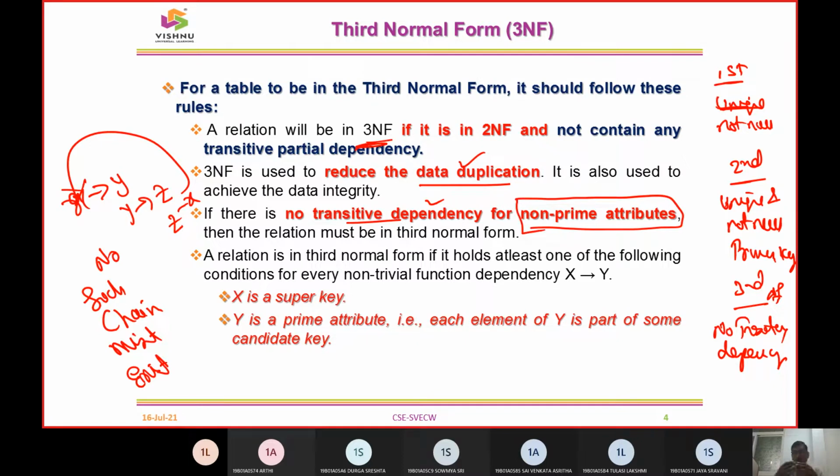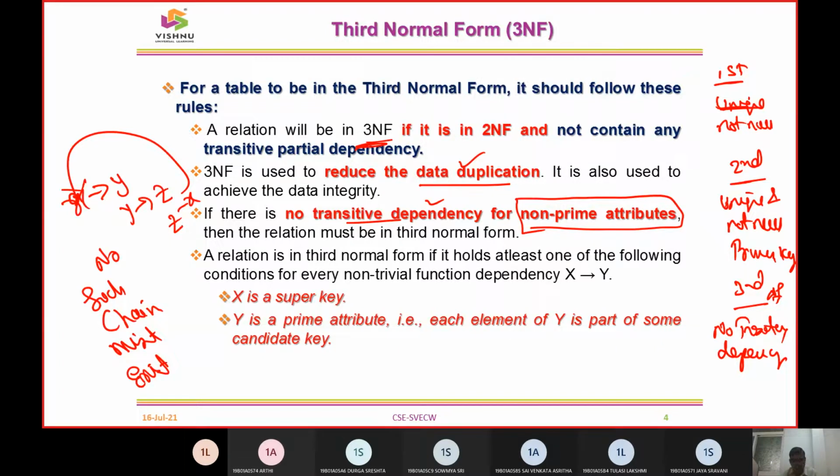The items that we put into the primary key, we call the prime attributes, and the items that are dependent on the primary key, we call non-prime items.